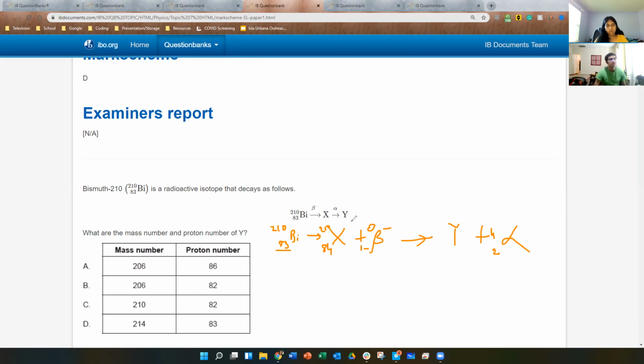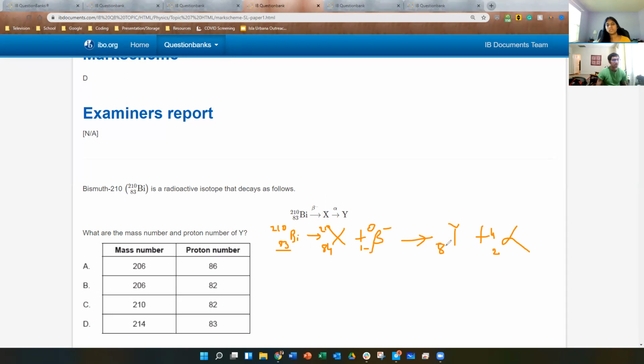Oh, so essentially you don't even need to do this mid step, right? No, you do. If you could see that the proton count changed from 83 to 84, then you wouldn't need the middle step. But if you needed to see the beta decay. Oh, because it's just the X that's turning into Y, not the bismuth. I see. Once the beta particle is gone, it's gone.